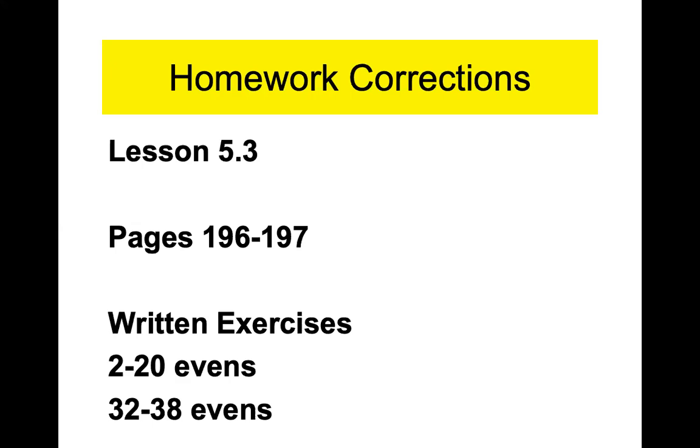All right, so the question was on the last one, and that's a factoring one. So 38 starts off with 22y to the fourth minus 33y to the third plus 11y squared.